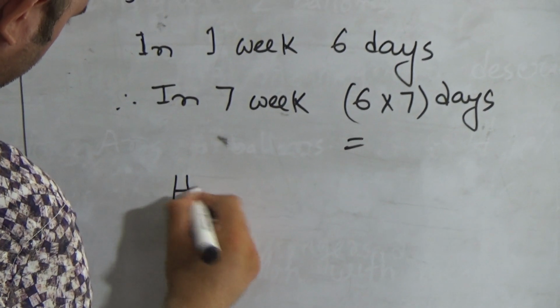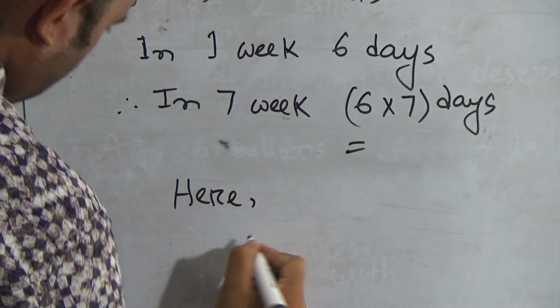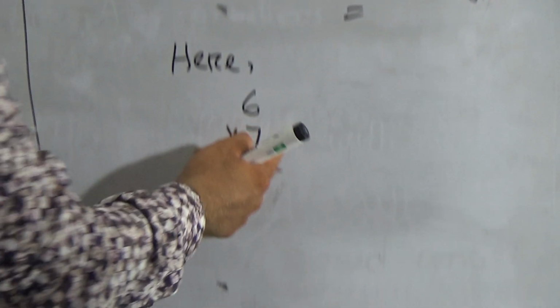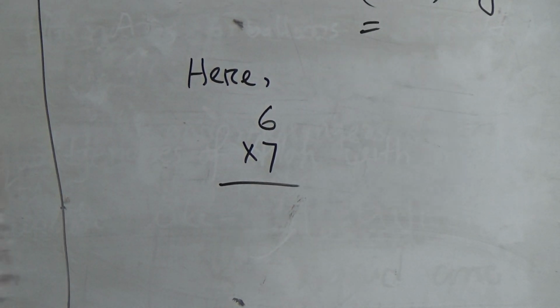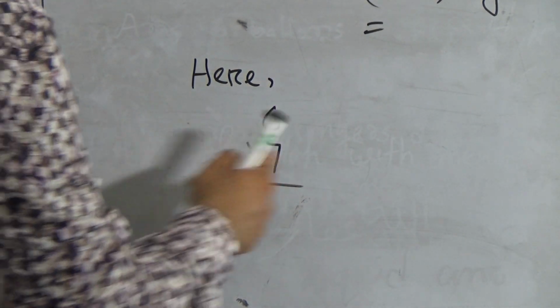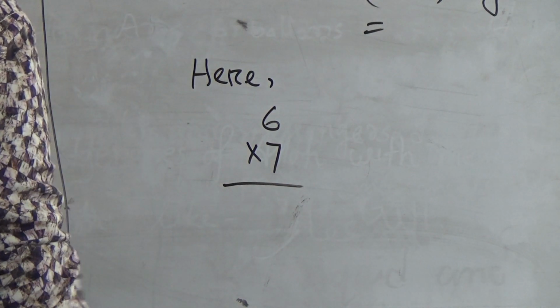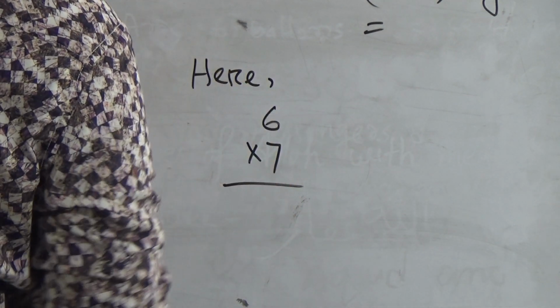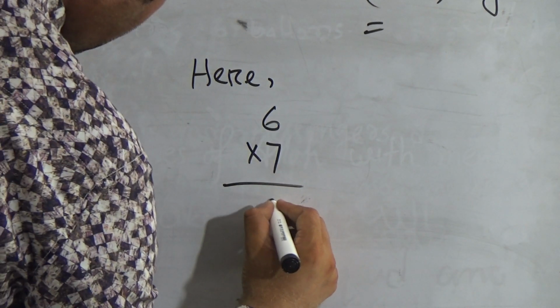So here, 6 multiplied by 7. Now memorize the times table of 7. 7 ones are 7, 7 twos are 14, 3 sevens are 21, 4 sevens are 28, 5 sevens are 35, 6 sevens are 42.